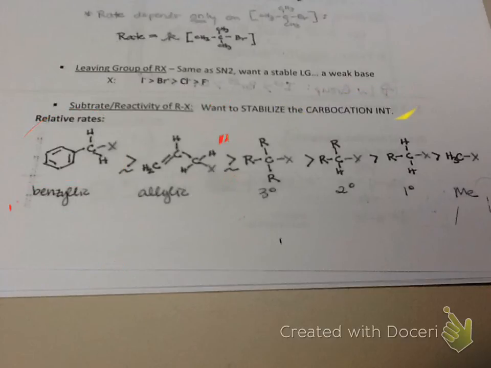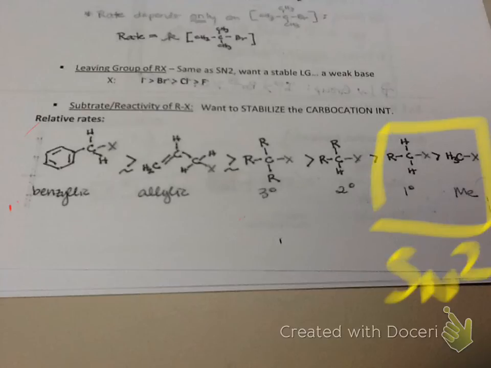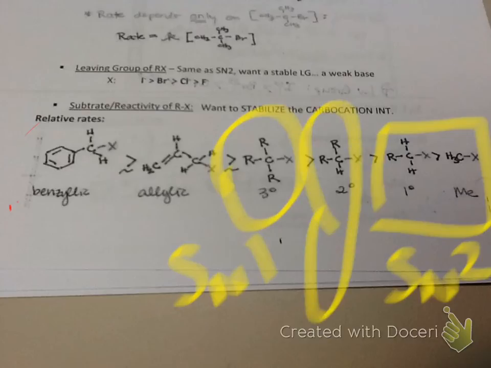So remember that these groups usually always go SN2. Tertiary cannot go SN2, it always goes SN1. And then the alkyl halide that's secondary, because secondary carbocations are somewhat stabilized by hyperconjugation, can do SN1 or SN2 reactions.